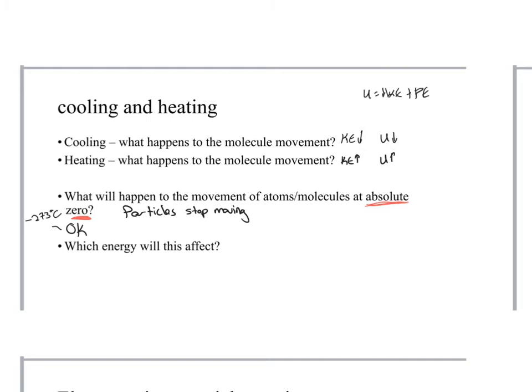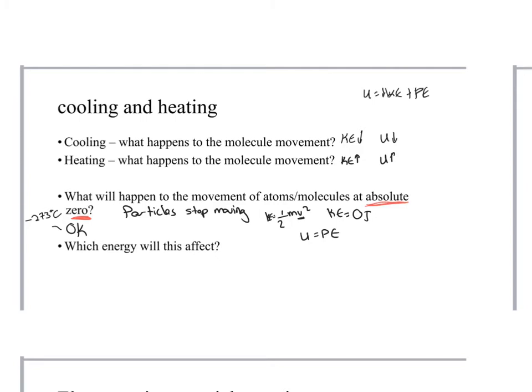We said already that particles stop moving. So if they stop moving, since kinetic energy is a half mv squared, there is no speed, no movement. So if we multiply numbers by 0, then the kinetic energy tends to be 0 joules. That means that the internal energy solely depends on the energy due to the attractive forces between the particles.